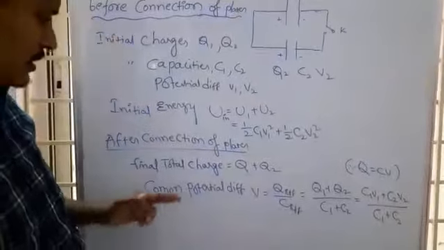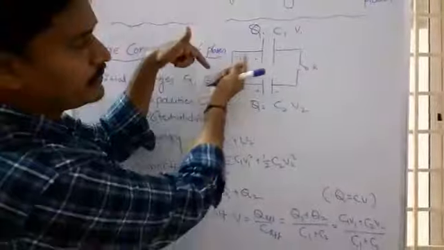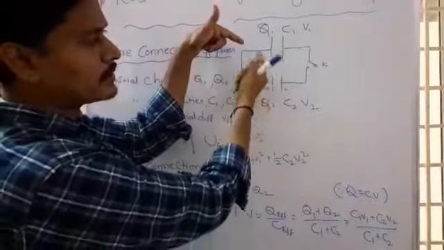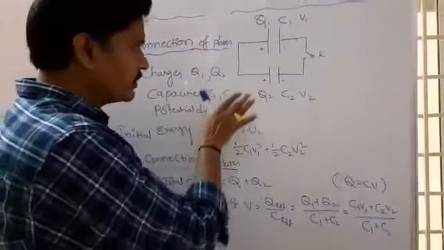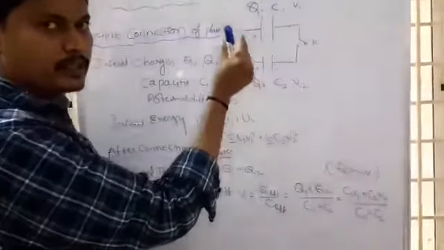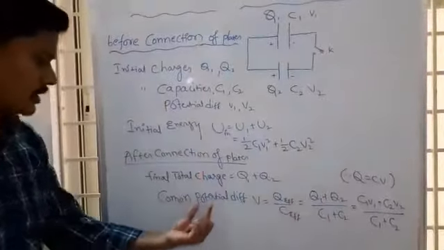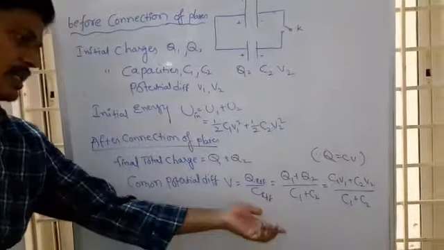After connection of this wire, the charges will be transferred from one capacitor plate to another till they get into an equilibrium state. Then a common potential will be created across these two capacitor plates. So the common potential difference is equal to Q by C.